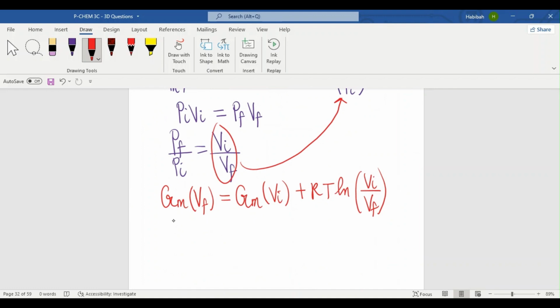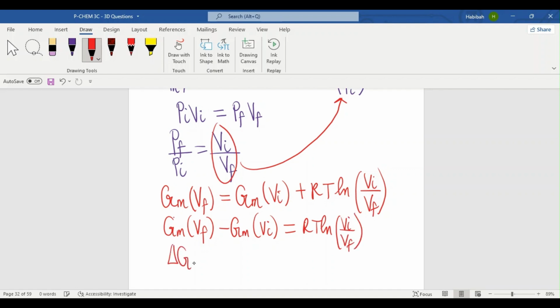Rewriting this, GM of V final minus GM of V initial equals RT ln V initial divided by V final. So that would be the change in GM, which is just RT ln V initial divided by V final.